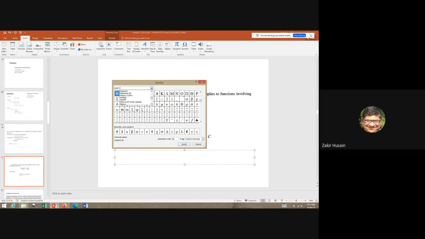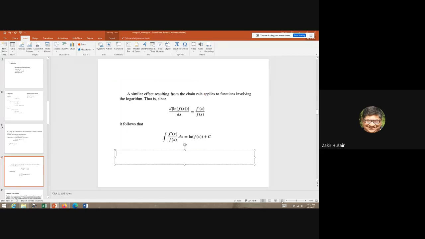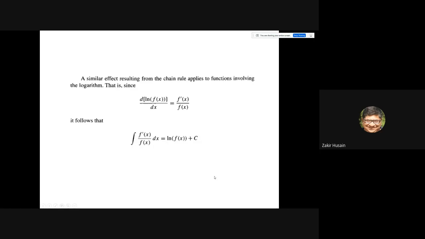Integration of 2x dx divided by x square plus 1.